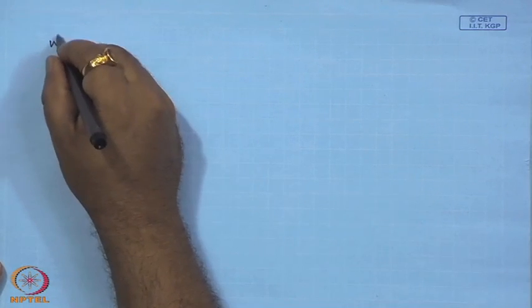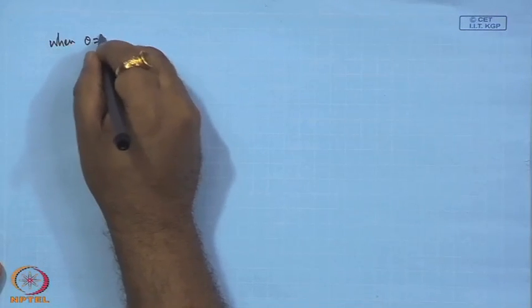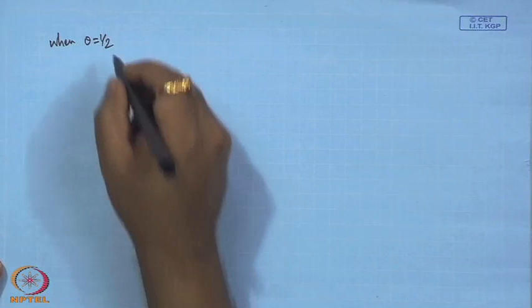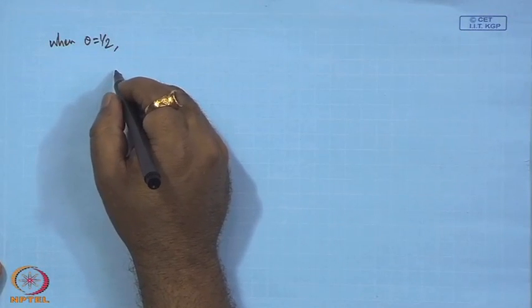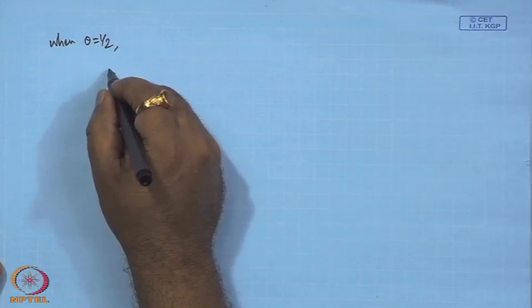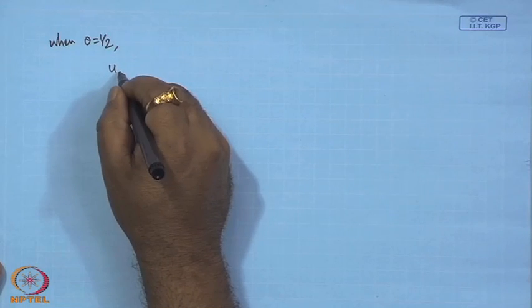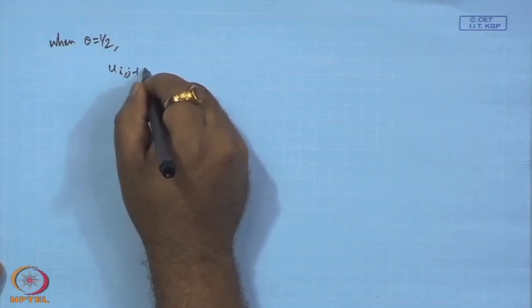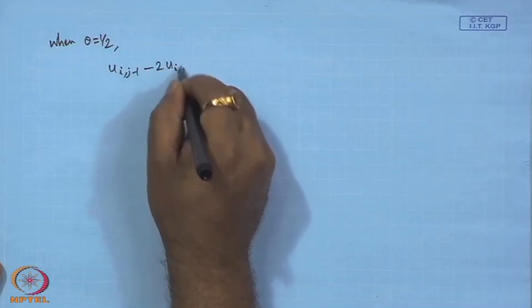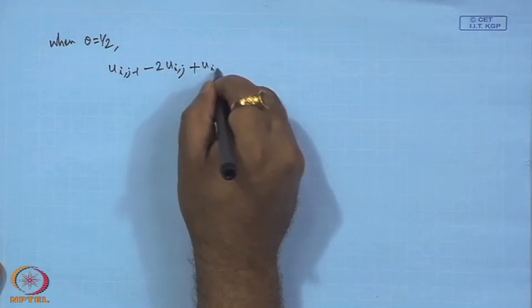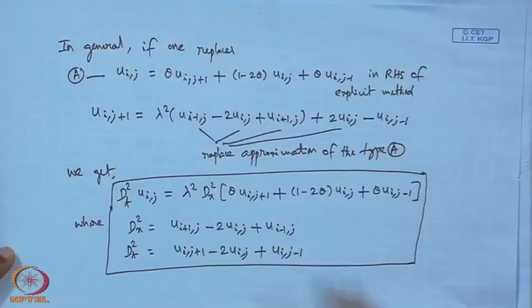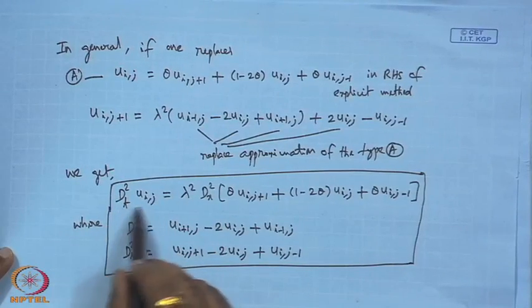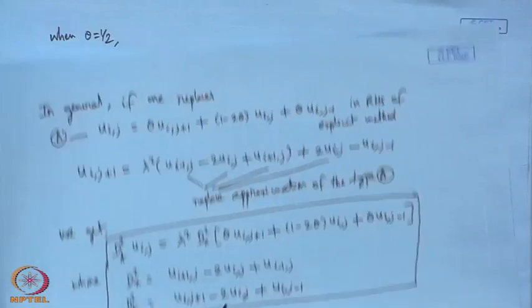Okay. So, let us say when theta equals to half, we have u I j minus 1, which is nothing but, so this term is independent of theta. So, exactly I have written the same.